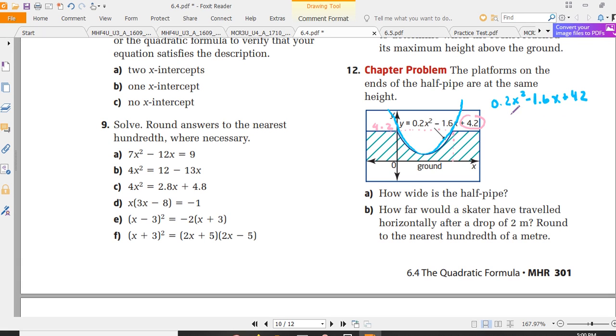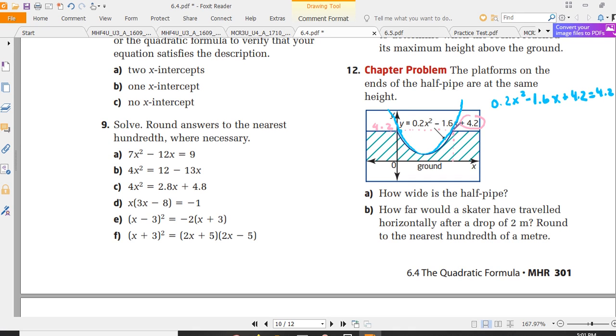Okay, so I need to solve when this equation is equal to 4.2, because I know that at this point of the parabola, my height will be 4.2.